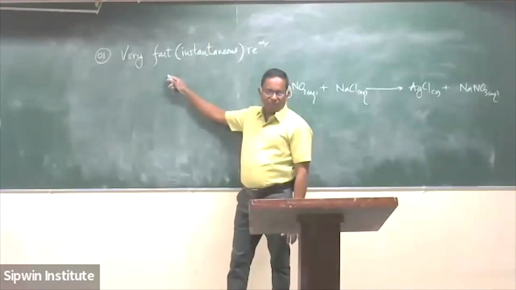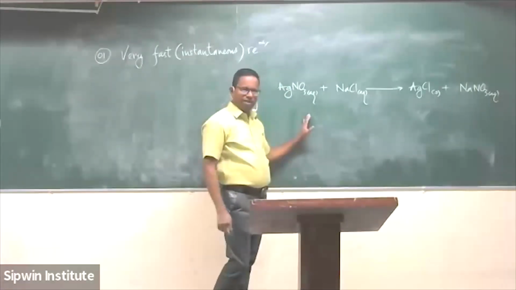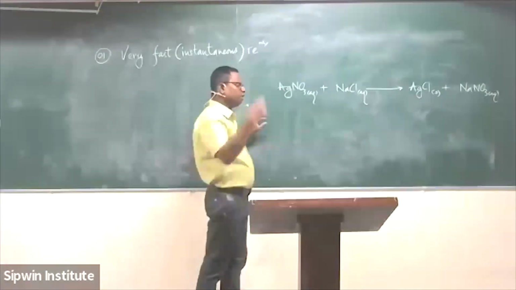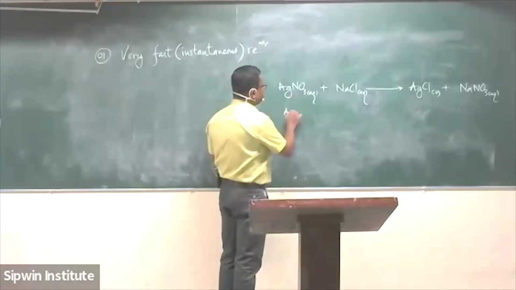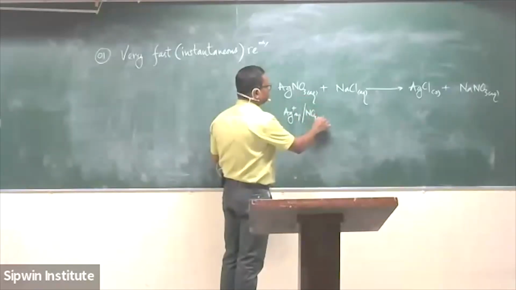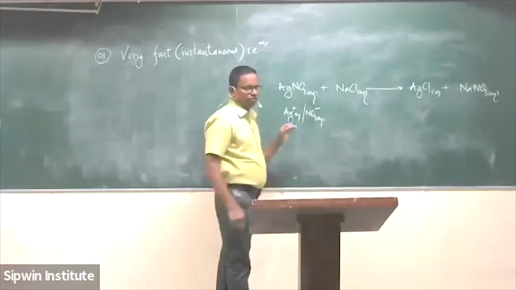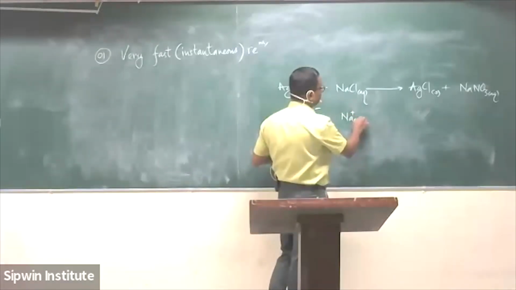Okay. Why are they very fast? Because in such a reaction, like the strong acid, strong base reactions you learned, silver nitrate aqueous means silver plus ions and nitrate ions. Sodium chloride aqueous solution means sodium ions, chloride ions.